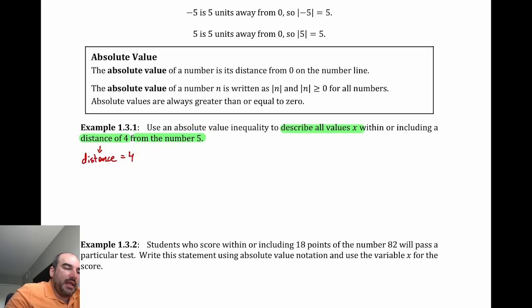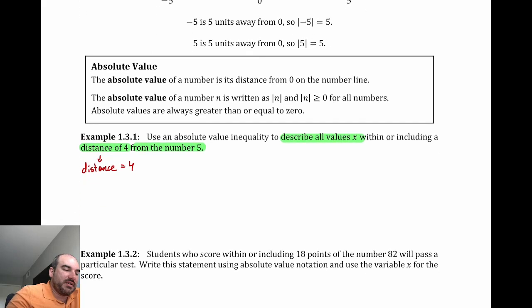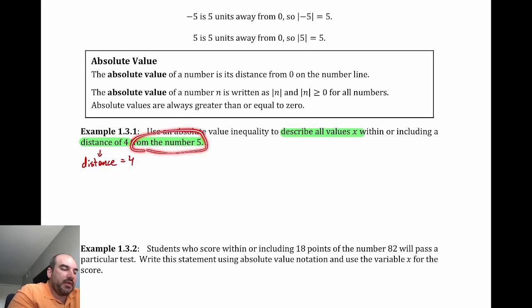So in this example up here, when we do absolute value of 5 or negative 5 or whatever, our baseline point is 0, right? We're doing a distance from 0. So if we wanted our distance to be measured from the number 5, we kind of have to shift our number line so that it's centered at 5.